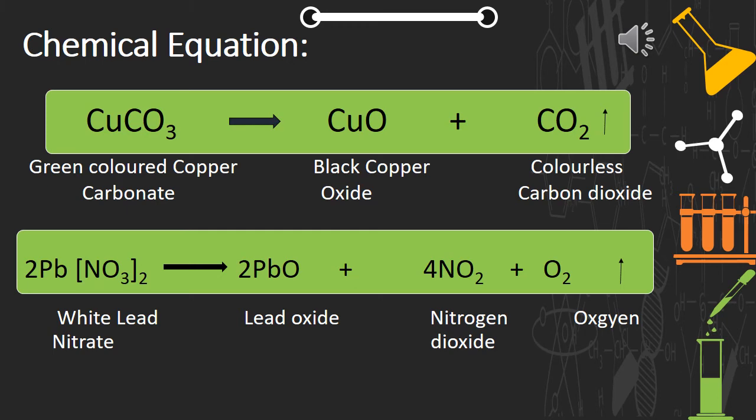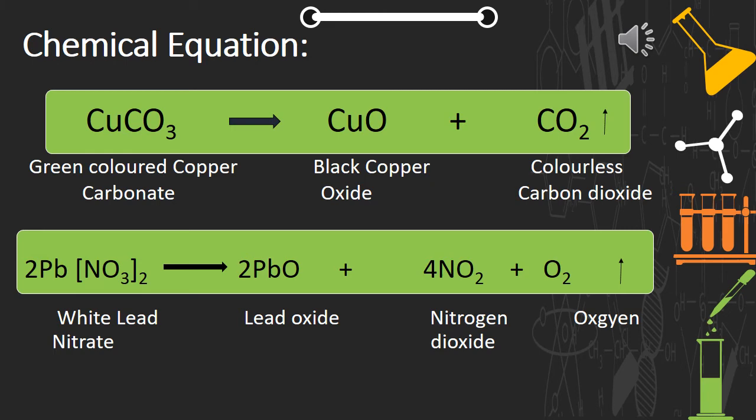CuCO3, that is the formula for copper carbonate, where Cu is the symbol of copper and carbonate is represented by CO3. So CuCO3 is copper carbonate, where you have one atom of copper, one atom of carbon and three atoms of oxygen.